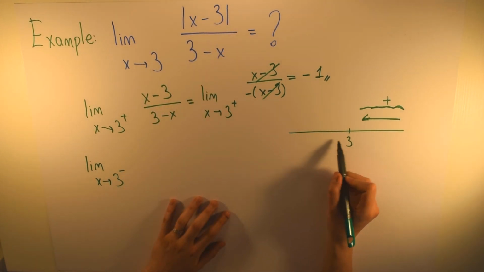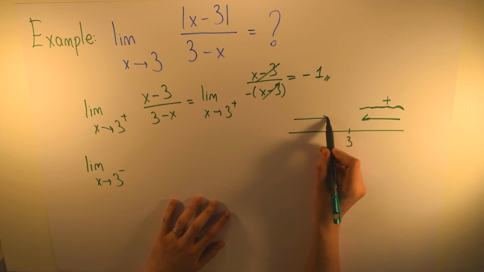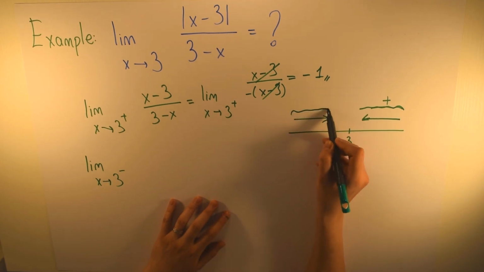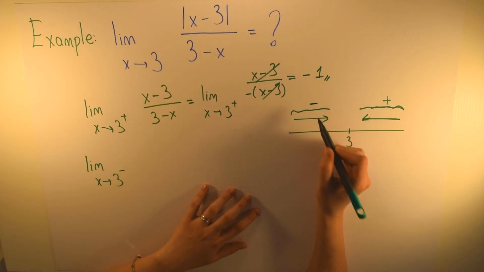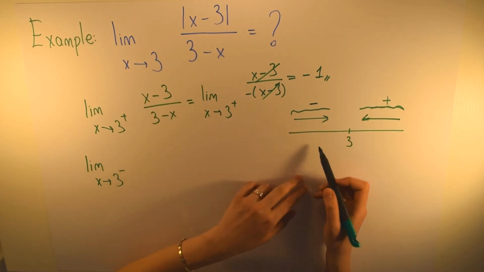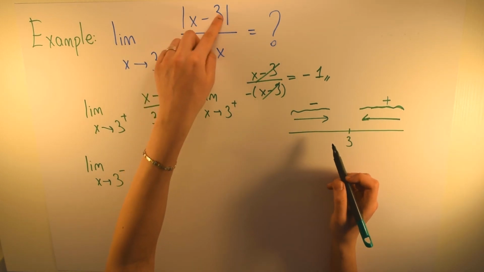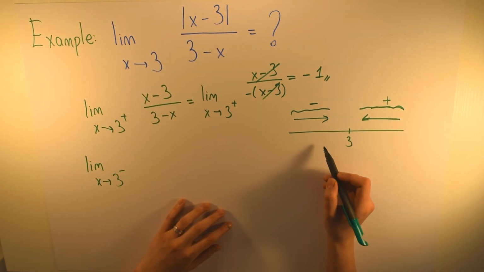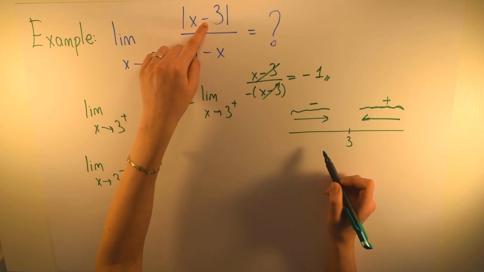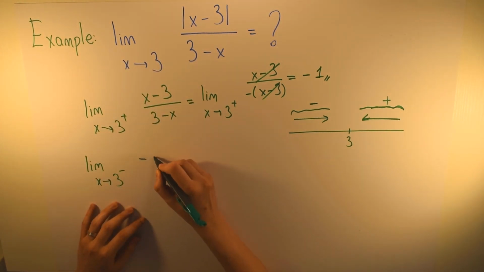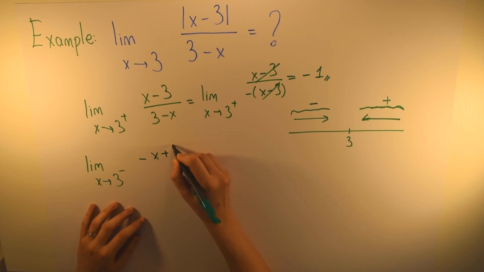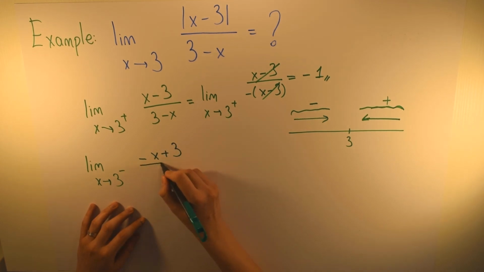So when you get closer to 3 from the left side, these values make this absolute value negative, right? Let's say you put 2 here. It's 2 minus 3, it's minus 1, right? So this absolute value goes out as minus x plus 3 over 3 minus x.